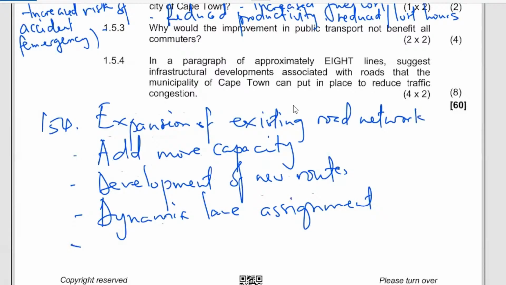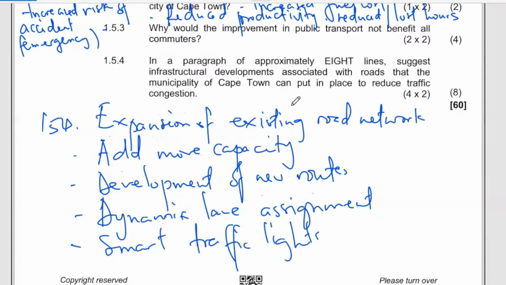Then what can also be done? We can also talk of other developments like introducing smart traffic lights. For a reason or the other, sometimes traffic congestion is caused by non-functional traffic lights at some point in time.